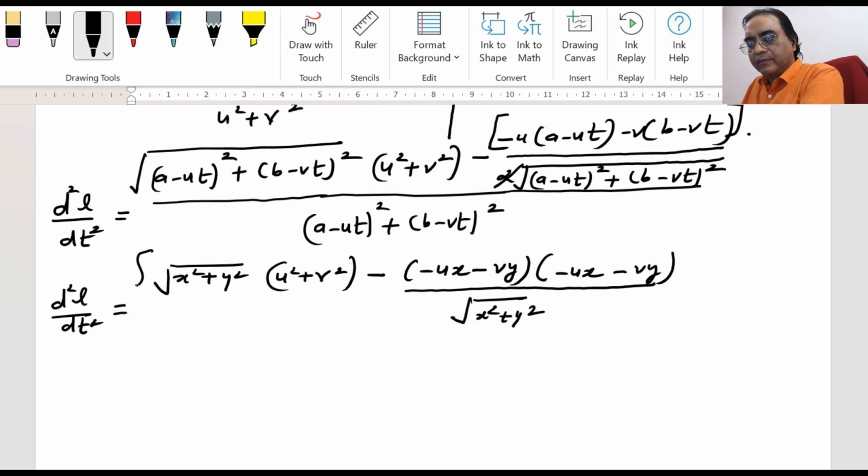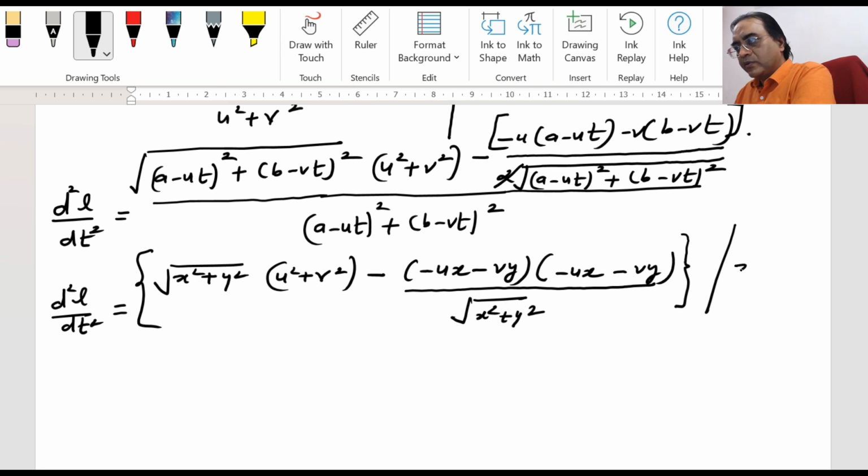Then this whole thing divided by x square plus y square.